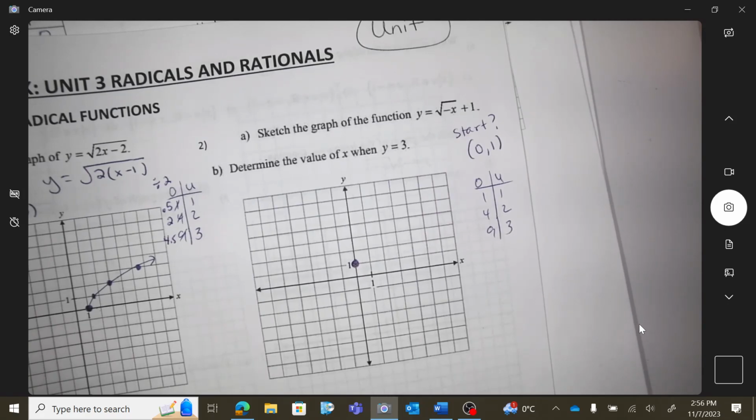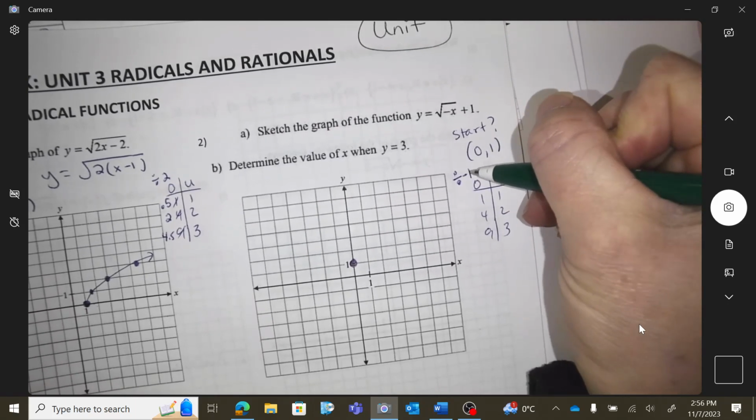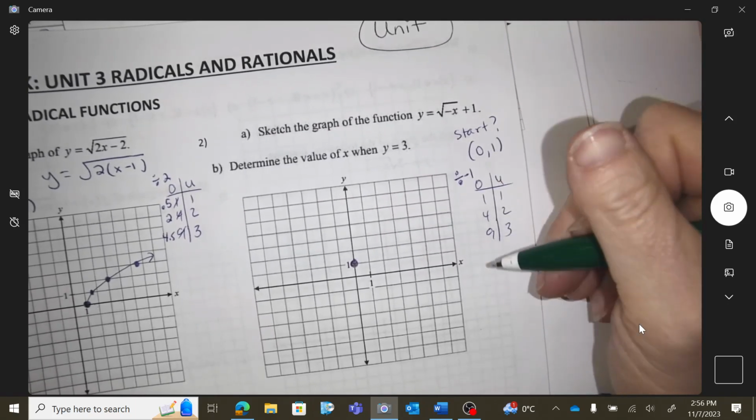Okay, over, up. There is a negative in which letter? B. So I'm going to do a divide by -1 on the x stuff.